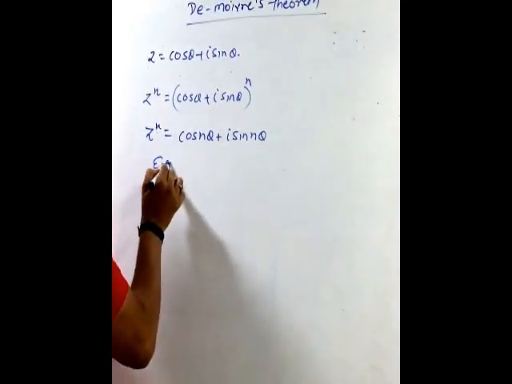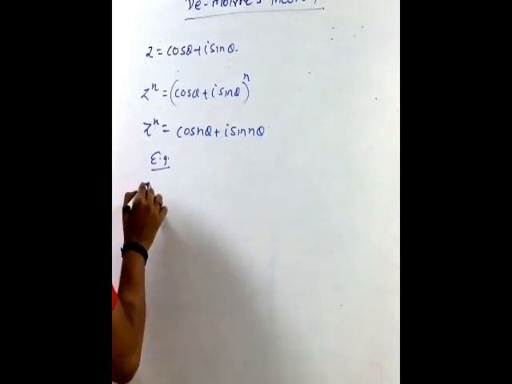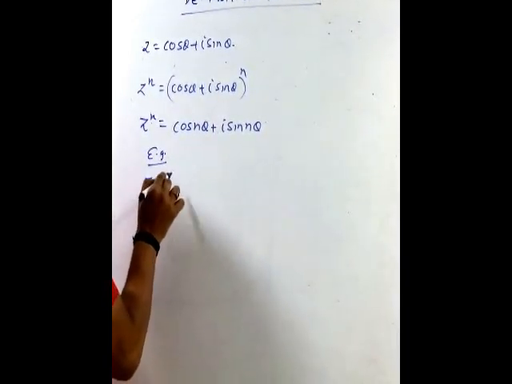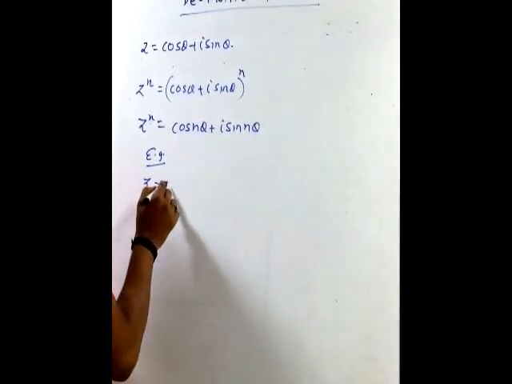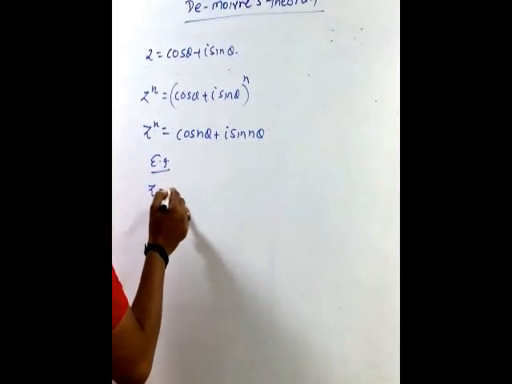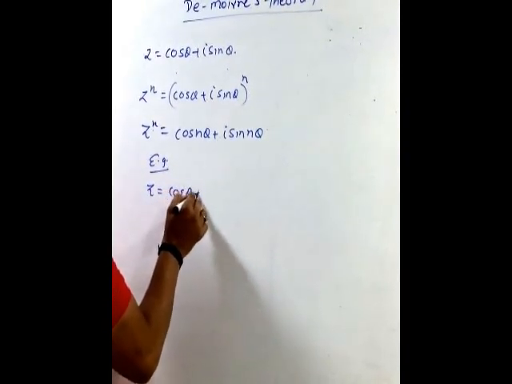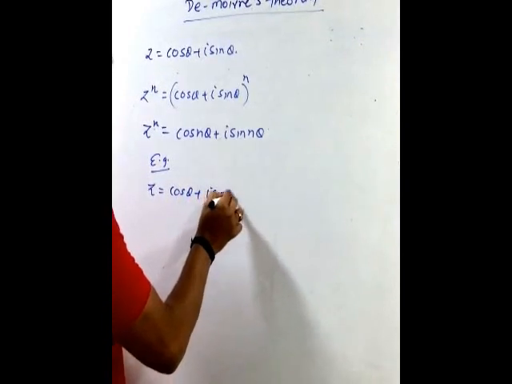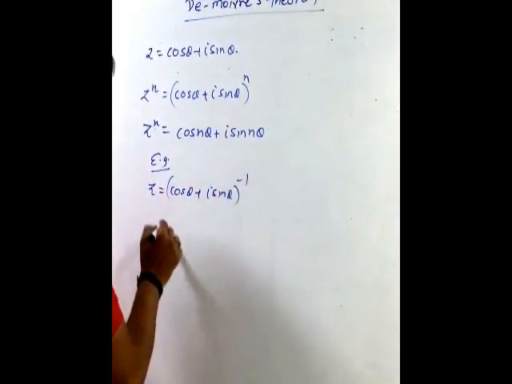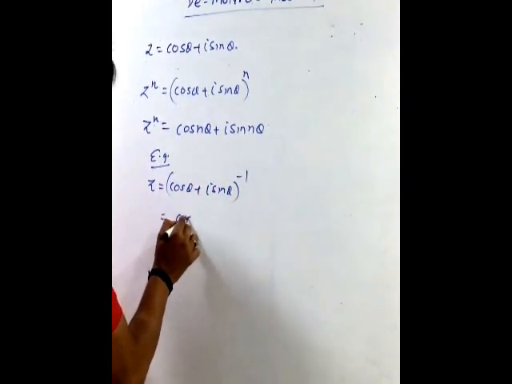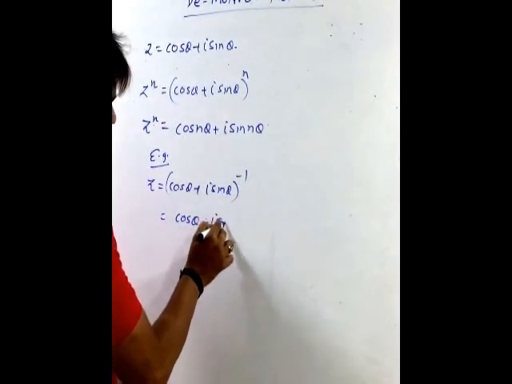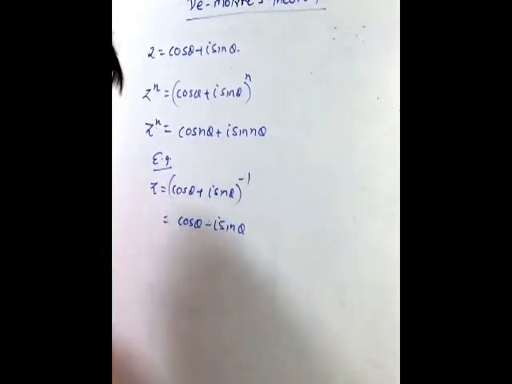For example, suppose we have z equal to cos theta plus i sin theta. We have to find the inverse. So it will be cos theta minus i sin theta, right?